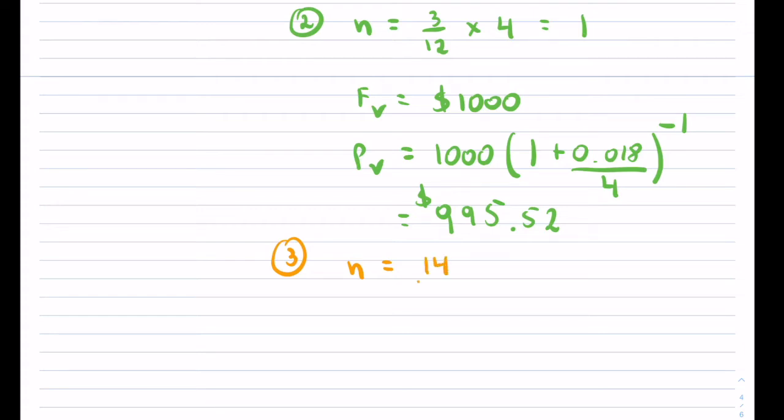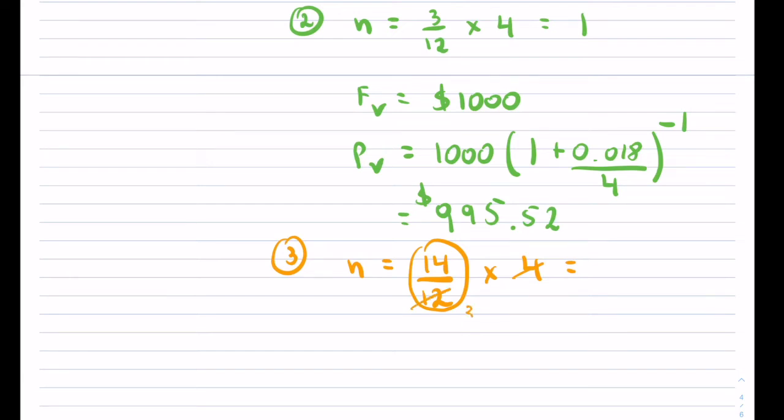So that's 14 months I'm going back, divided by 12 because this is supposed to be number of years, multiplied by m, which is 4. Now if you do that, I'm going to reduce the fraction here. So it's 14 times 4 over 12. But I noticed that 4 actually goes into 12 3 times. So this is just 14 over 3.